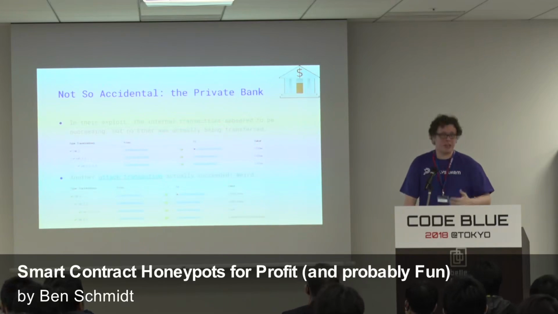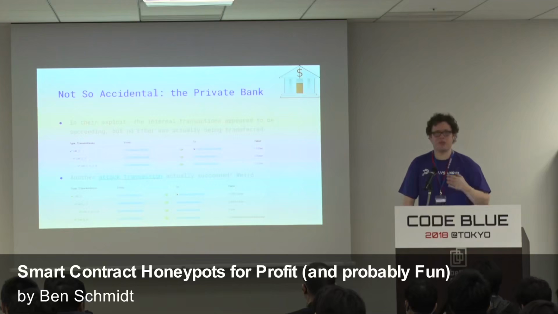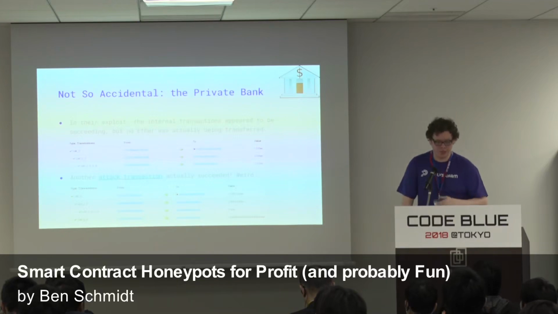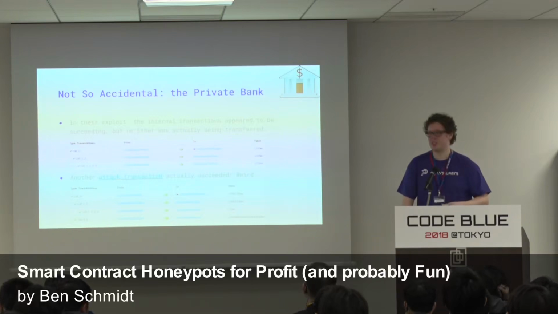To be careful, the user tested their exploit on the testnet. The person who deployed this malicious honeypot had helpfully uploaded the source code to Etherscan so that people could see the bug more easily.